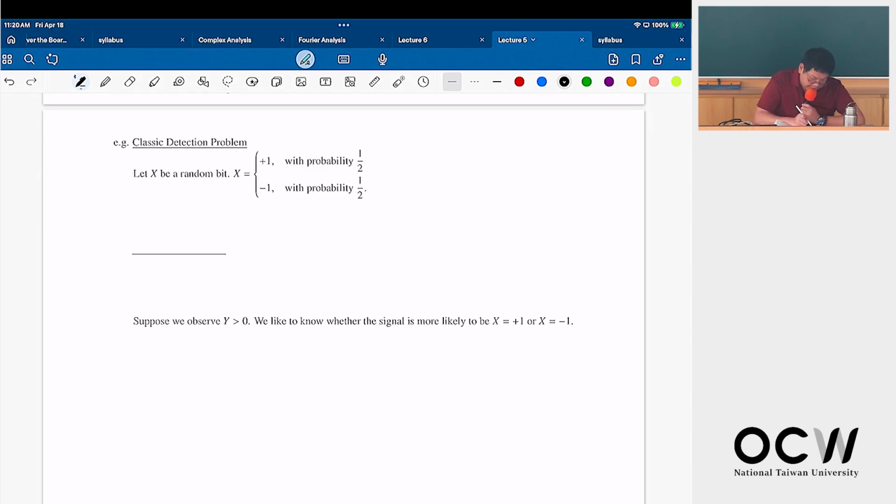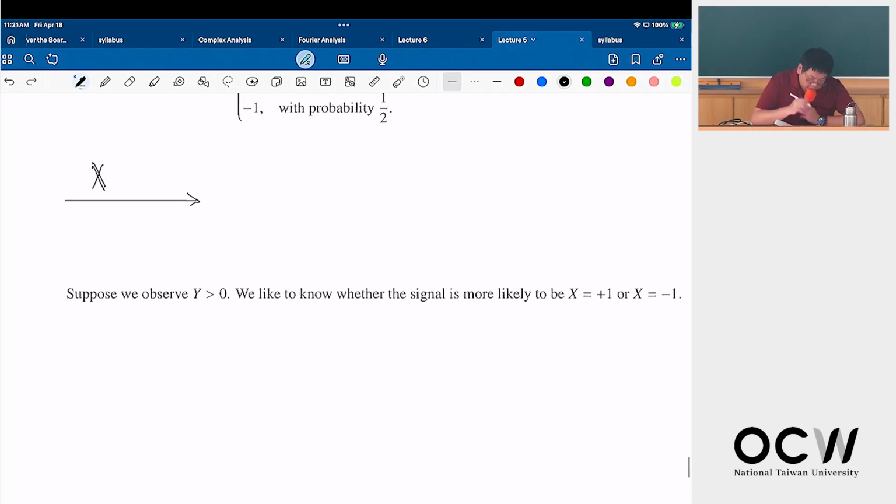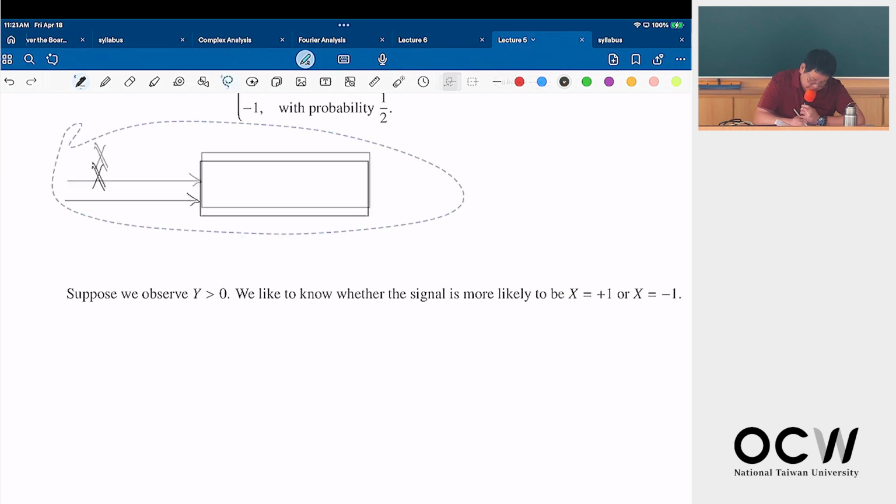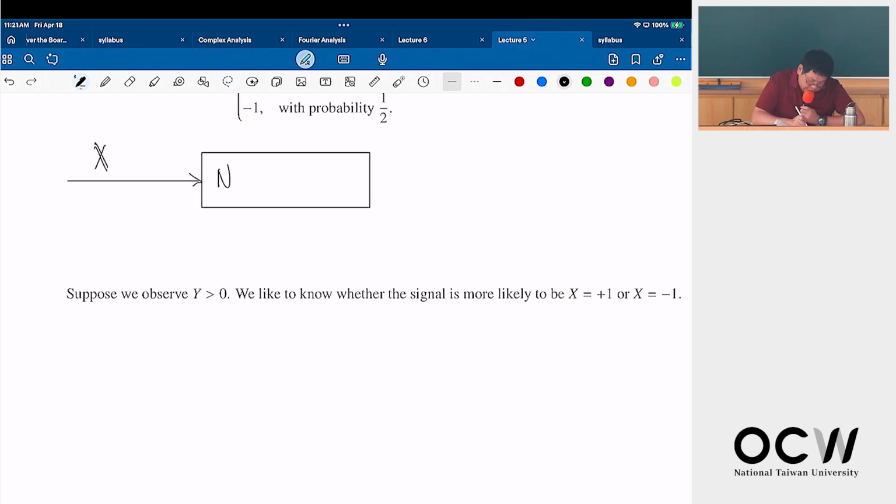Here's the x random bit. And then they go to the noise channel. So this is a noise channel. And then we have a noise.